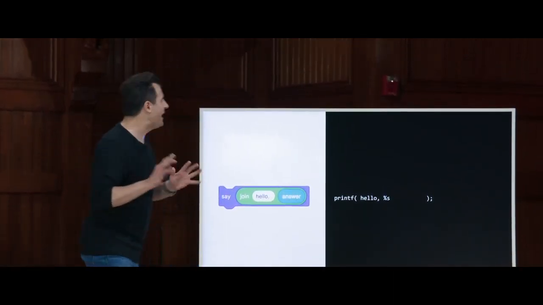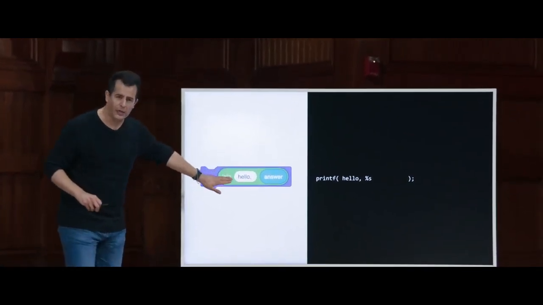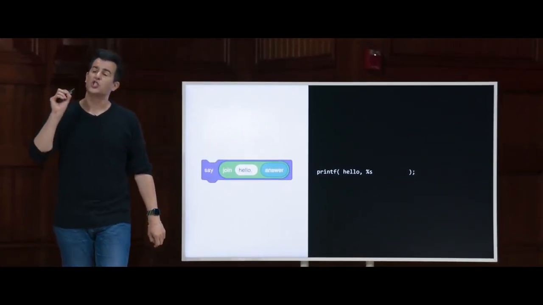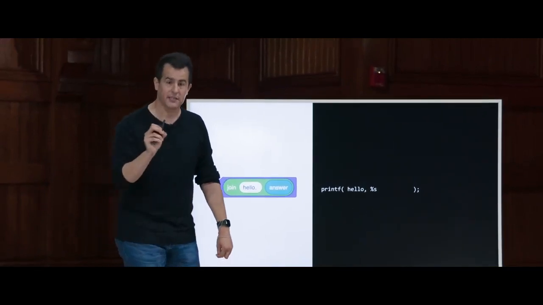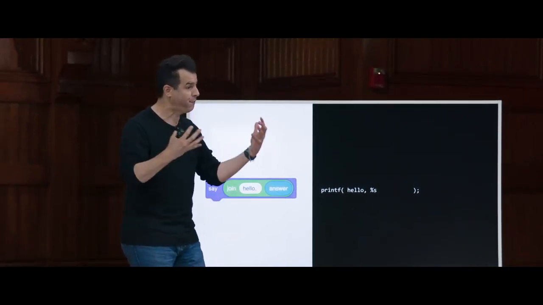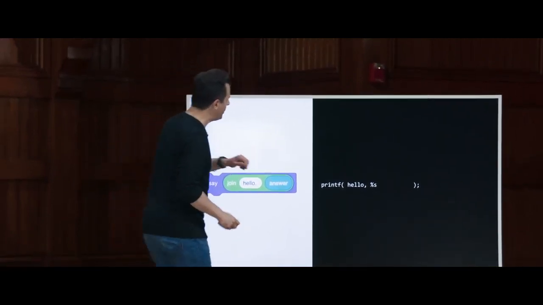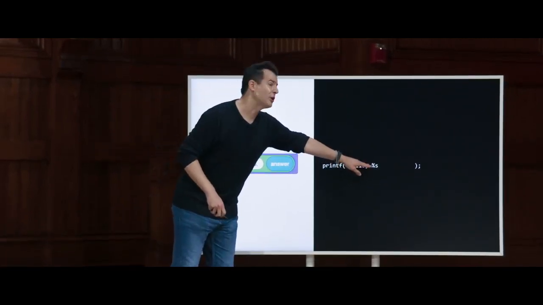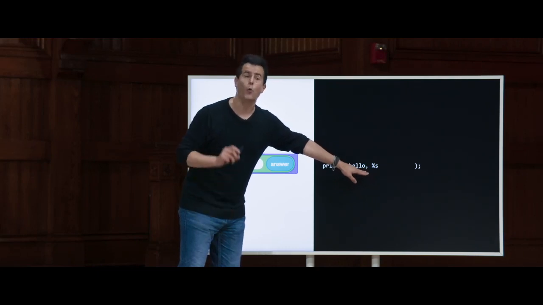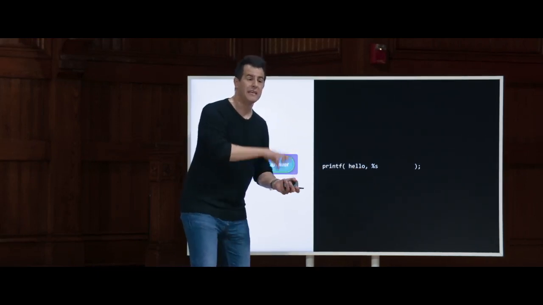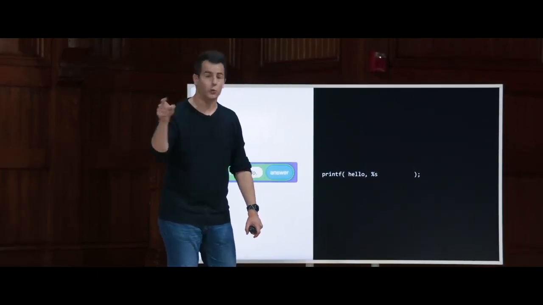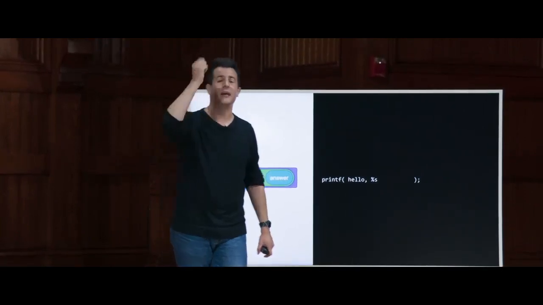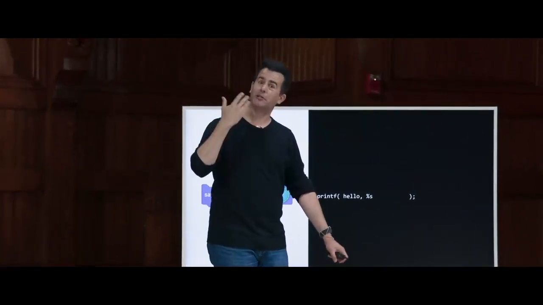So there's no real analog in C of join. Instead, there's a way to specially format text using printf, hence the f in printf. And what you do in printf is you type whatever English word or human words that you want. You then use %s as a placeholder. If you want a string of text to be added to your own text, you literally write %s. And let me anticipate a question from the crowd. How do you print out %s?